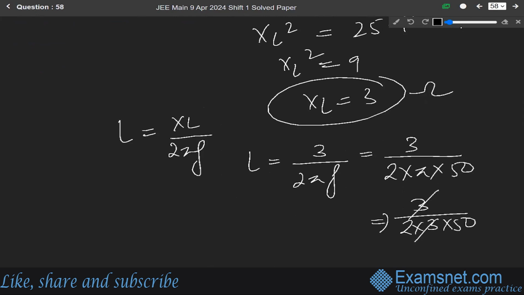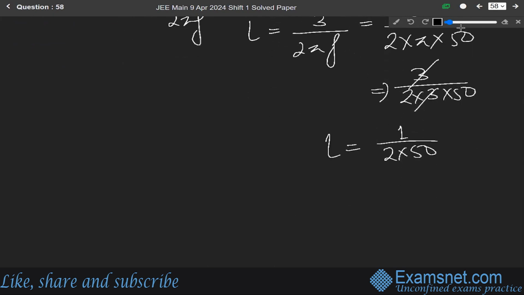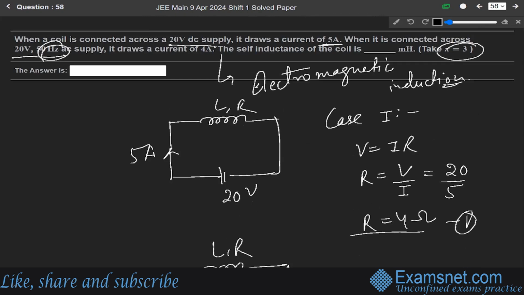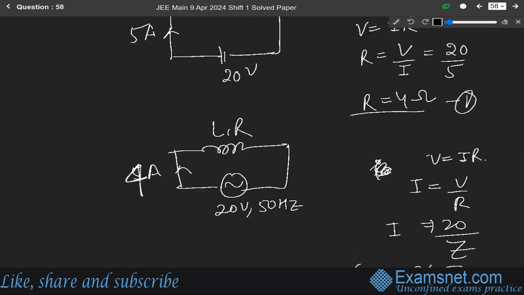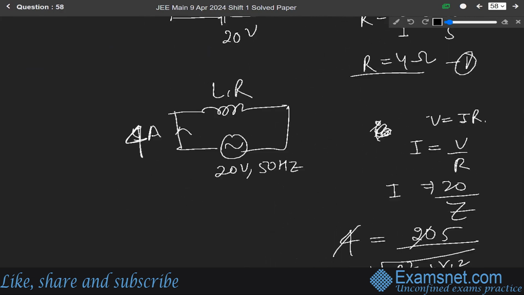This 3 cancels out. So L is equal to 1 over 2 into 50. We have to find the answer in terms of millihenry. So L will be equal to 1 over 100. If we multiply by 1000, it will come in terms of millihenry. So L will be equal to 10 millihenry. So the correct answer is L equals 10 millihenry.